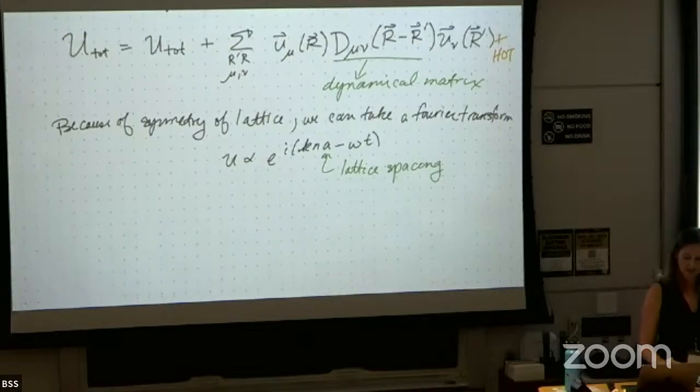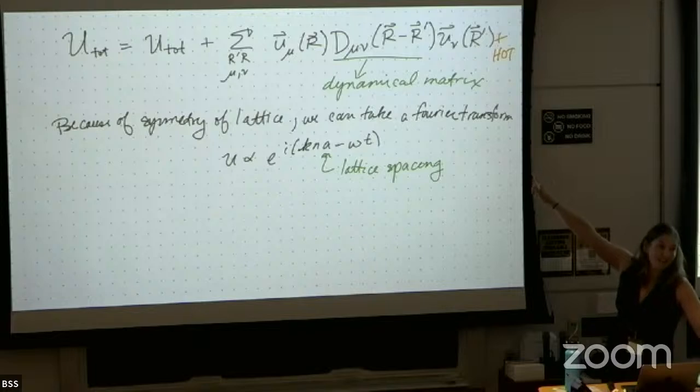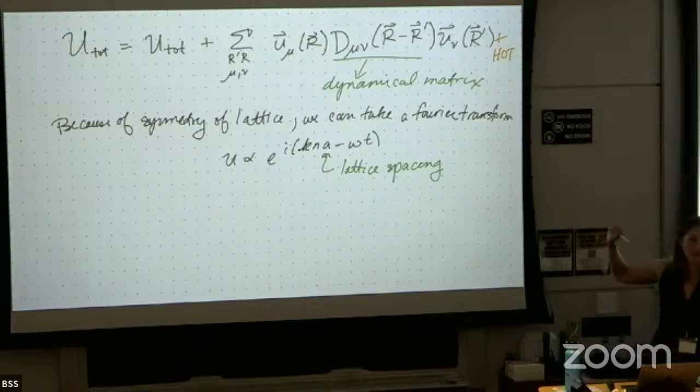Because of the symmetry of the lattice, this ginormous matrix has in it the dimensions of the Bravais lattice in real space. It's as big as the lattice, because it has R and R prime in it. It's the size of a crystal, Avogadro's number big.